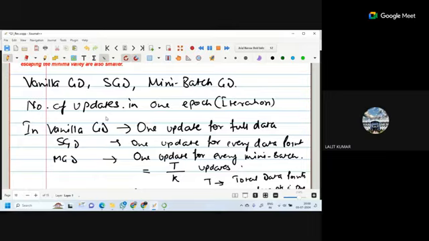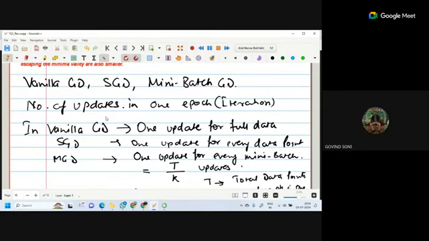For example, if my data set contains 10,000 data points, in one epoch only one update will take place. In stochastic gradient descent, there is one update for every data point. Again taking the same example, with 10,000 data points, in one epoch, how many updates will there be for stochastic gradient descent?